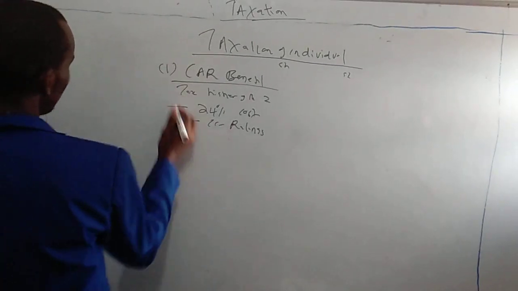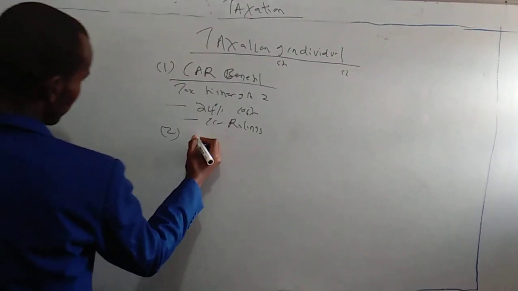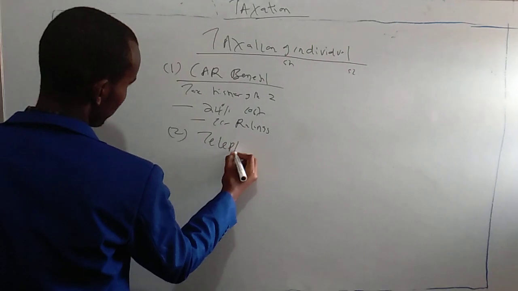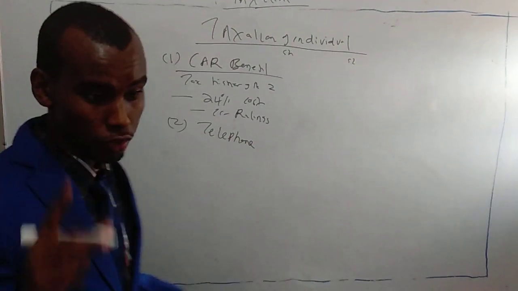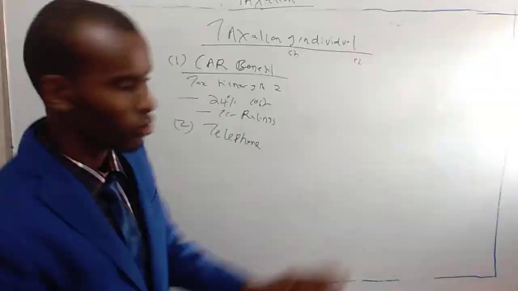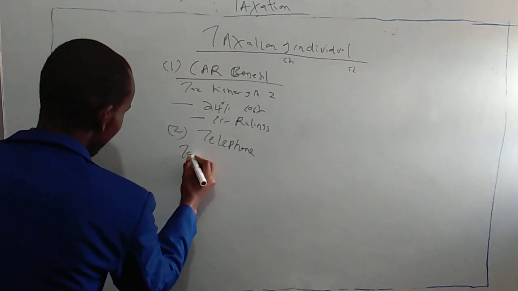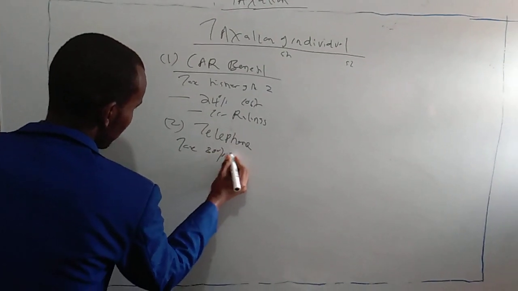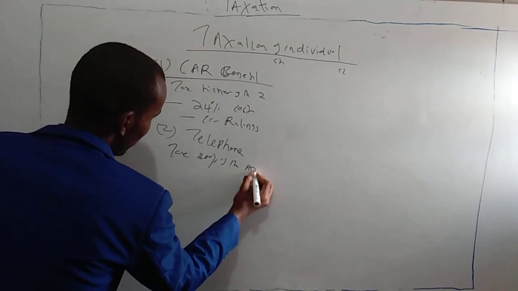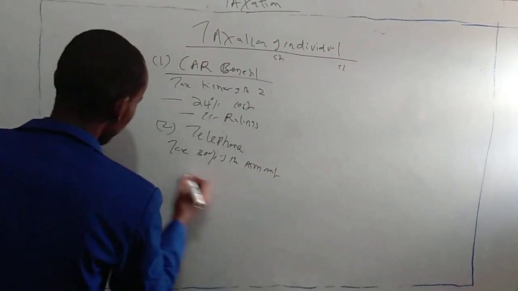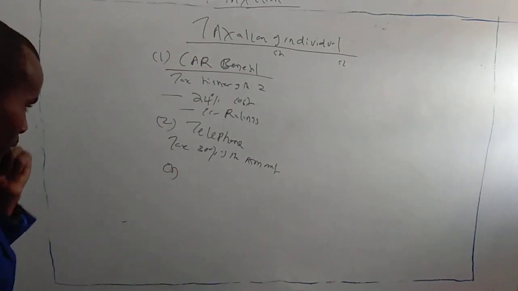That's number one. Number two, telephone. Under telephone, we tax 30% of the amount. Number three, we have furniture.